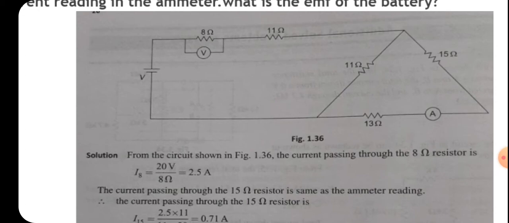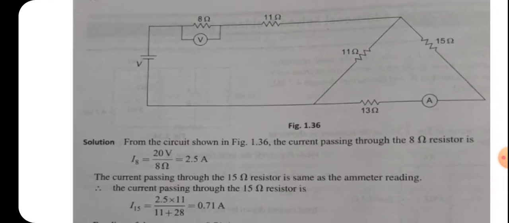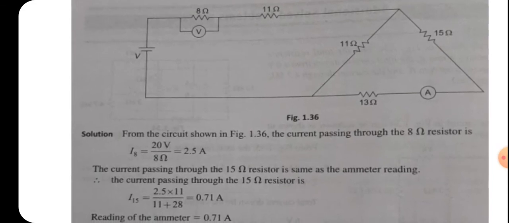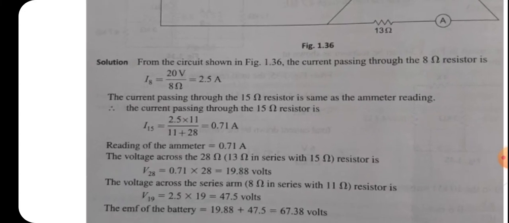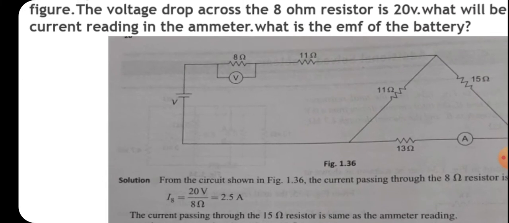So the voltage drop across the series combination of 8 ohm and 11 ohm will be equal to current into total resistance. Current is 2.5 and total resistance is 8 plus 11, that is 19 ohm. So the voltage drop will be 2.5 ampere into 19 ohm, that will be equal to 47.5 volt. So we got the voltage drop across every resistance.